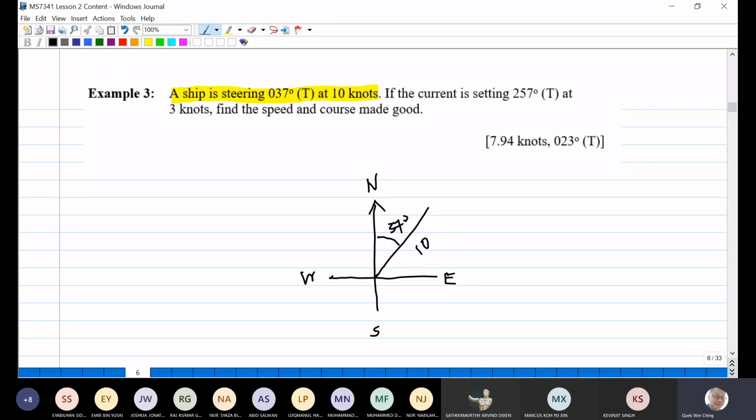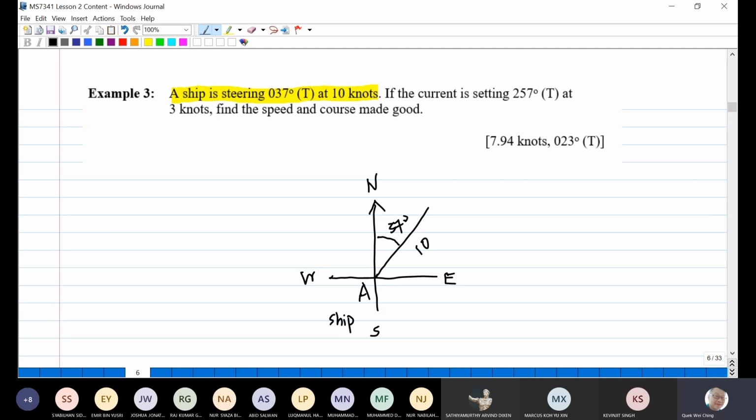This is the first thing, the ship. The ship moves from here to here. Let's call the ship point A. In this direction the ship goes.